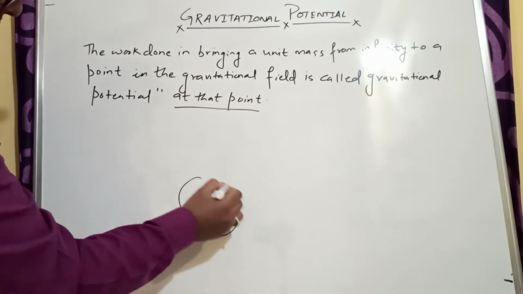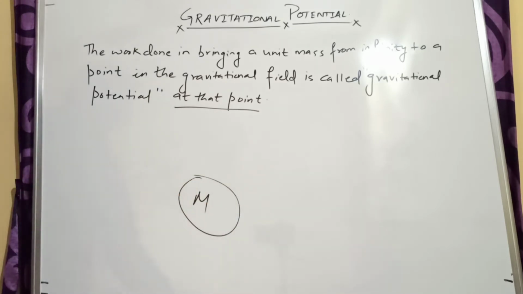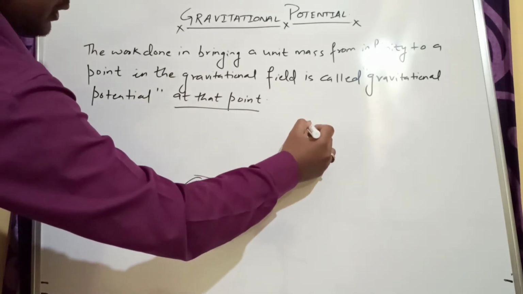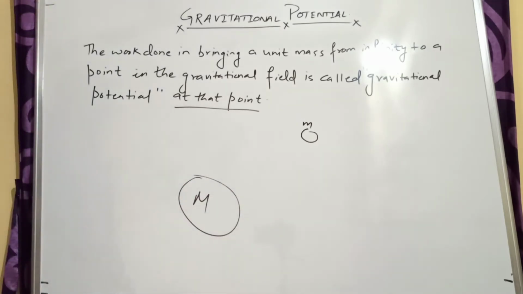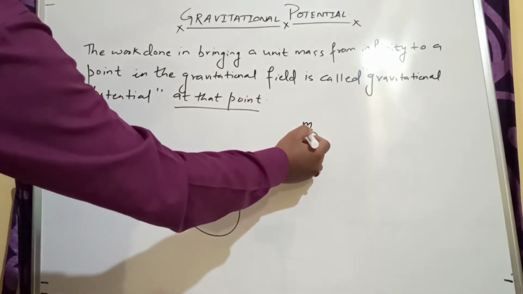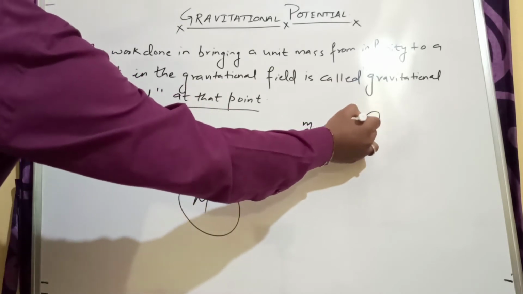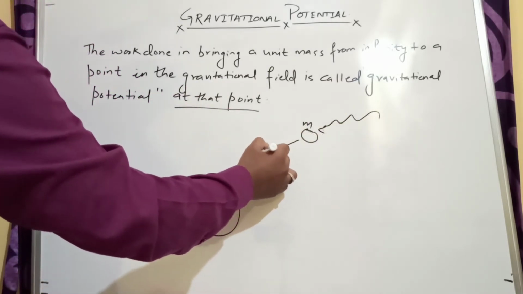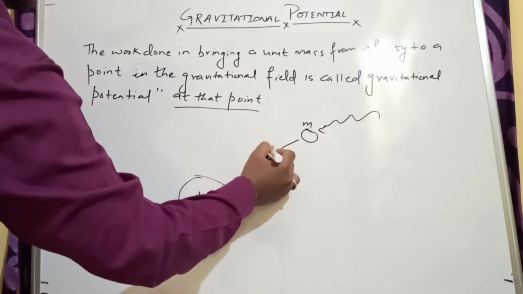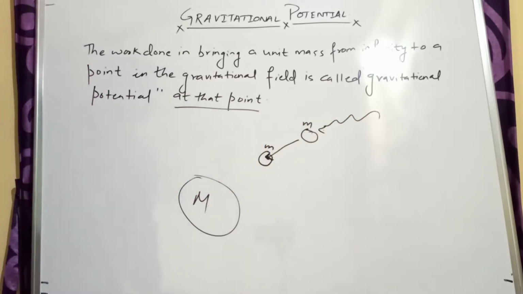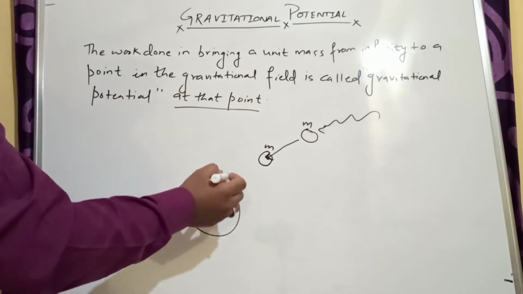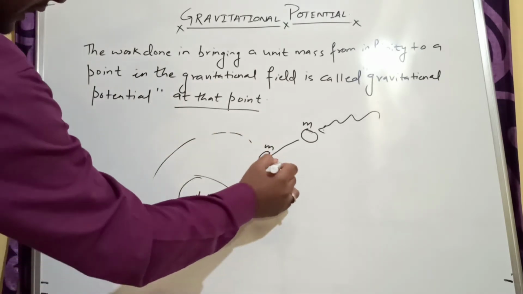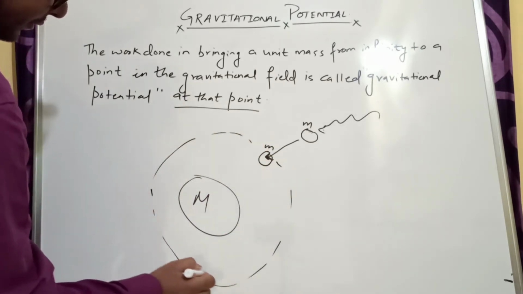For example, this is your body having mass capital M, and this is a small body having mass small m, right? So if we are bringing this body from some point at infinity to here, for example to this point, obviously this body will have some gravitational field.